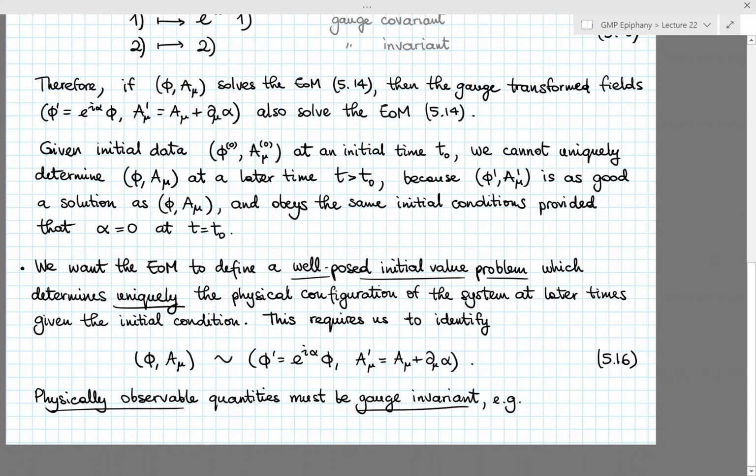For example, in scalar electrodynamics, we could look at the field strength F mu nu, or the conserved current J mu, or say the absolute value squared of the scalar field, etc. Hopefully this explains remark number 3 that I made in the first lecture.